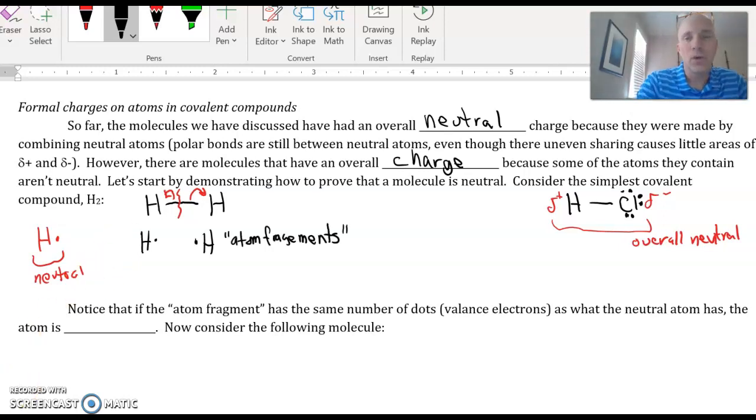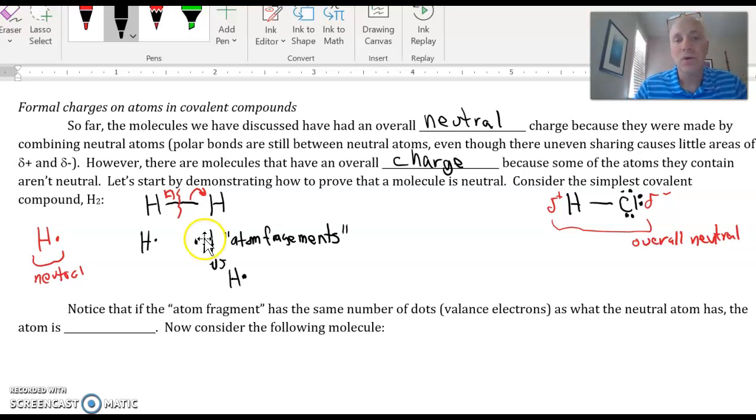What we're then going to do is compare the number of dots in the atom fragments, and we show one right here, versus what we know the dot structure of a neutral atom would look like. For hydrogen, we can go from the position on the periodic table, and we know that hydrogen, if it's neutral, has one dot to it.